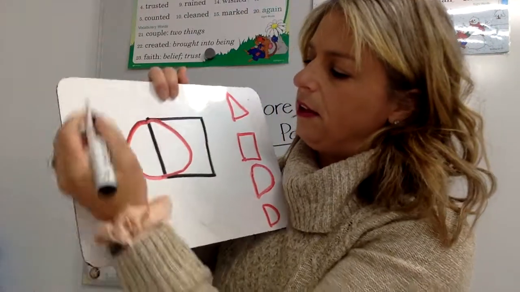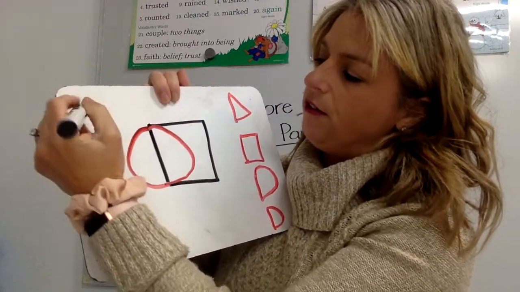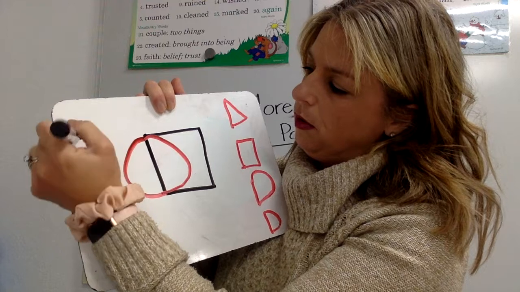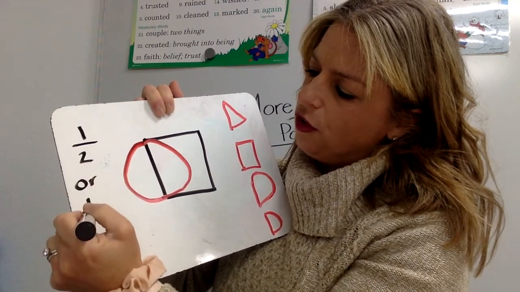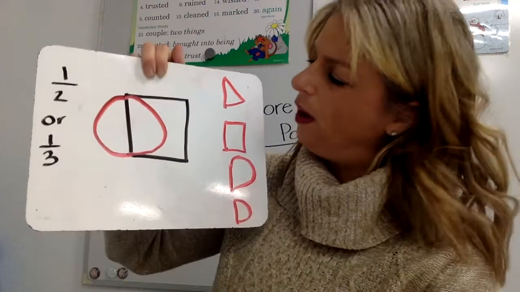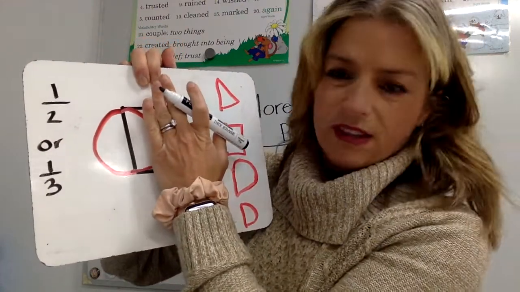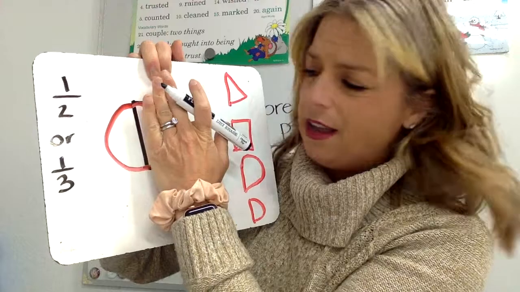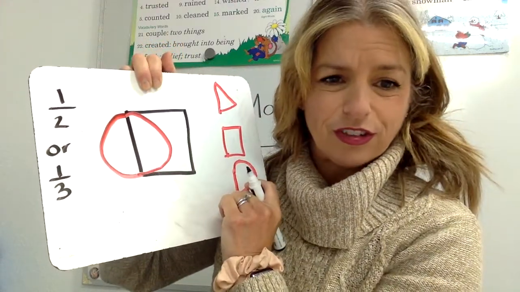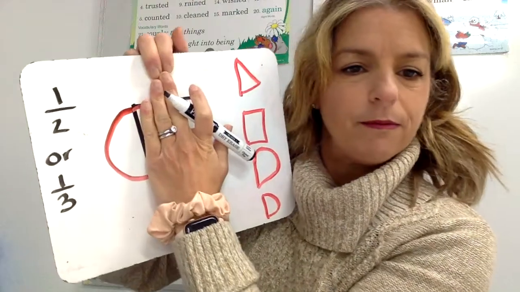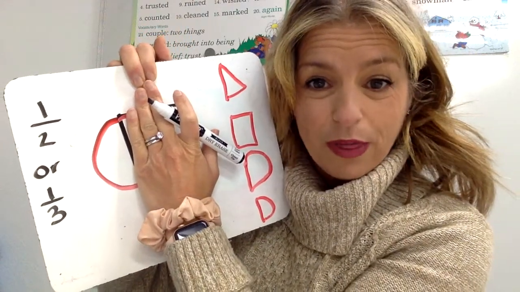Now, next to the circle, before we added the other half of the circle, we're asked a question. Was this here 1/2 of the circle or 1/3 of the circle? This here, is that 1/2 or 1/3?